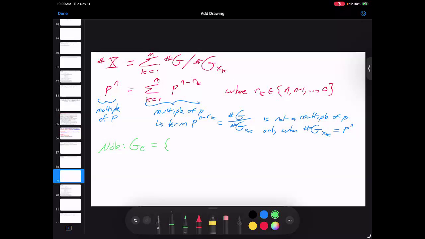This is the set of all G such that G inverse E G equals E. That's everything, right? Everything, because G inverse identity G is just G. Is everybody comfortable that this is the entire group G? That everything stabilizes the identity?